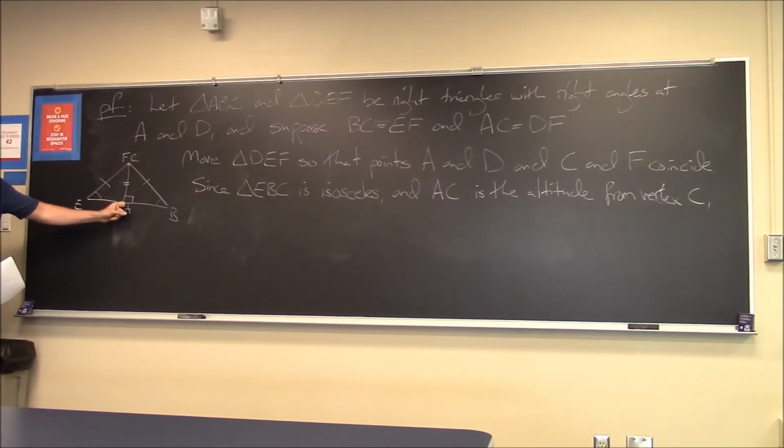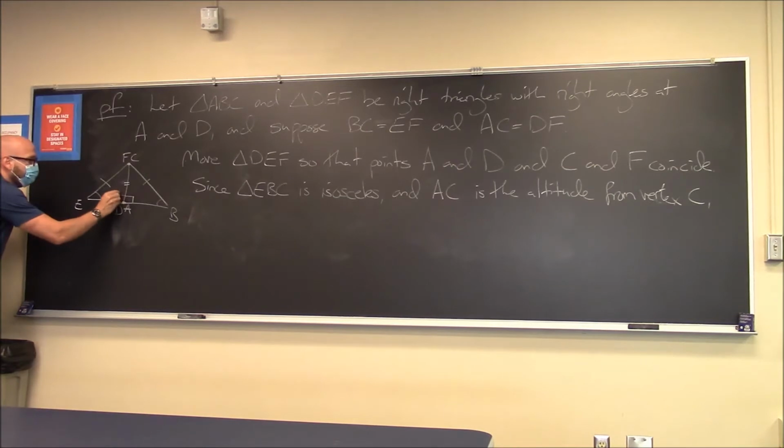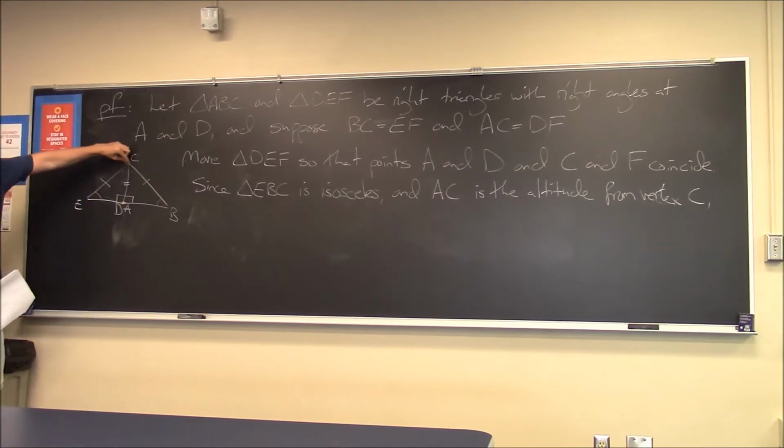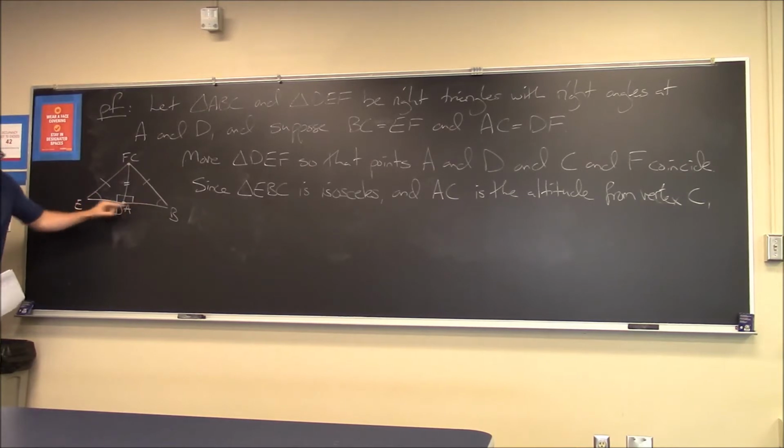Right, this is a right angle right here, and this is a right angle right here. So since I've got a straight line drawn from this peak vertex that cuts through perpendicularly to the base, that's the definition of being an altitude.